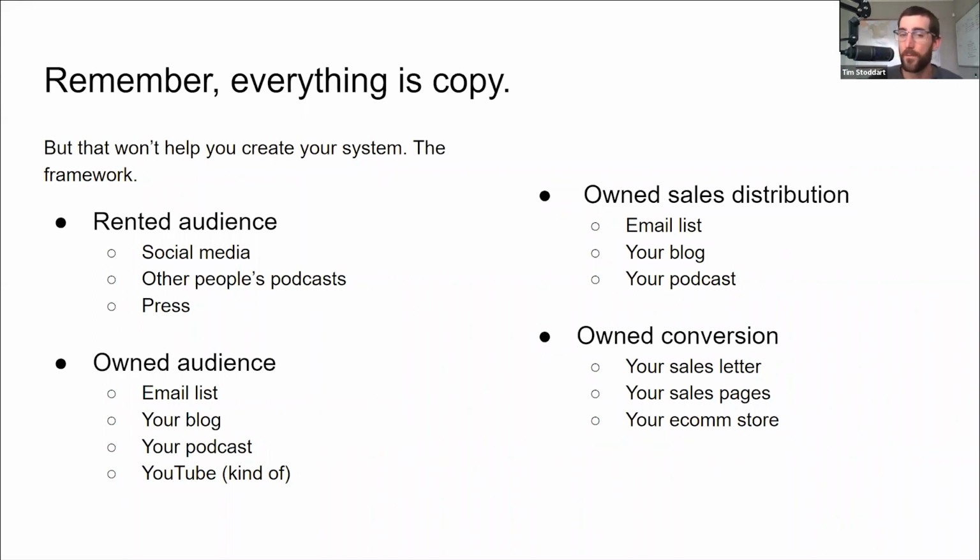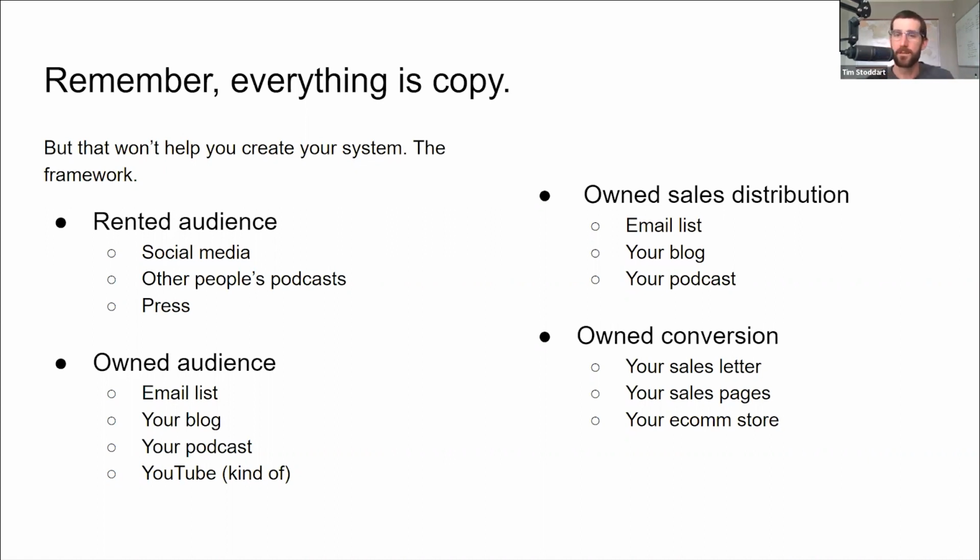One step further is your owned sales distribution. So this is the mechanism in which you can promote your product or your services. And notice there's some overlap here. And this is intentional. The reason why I itemized them like this is to show you that it's not very cut and dry. Not everything is going to fit into its cozy little compartment.